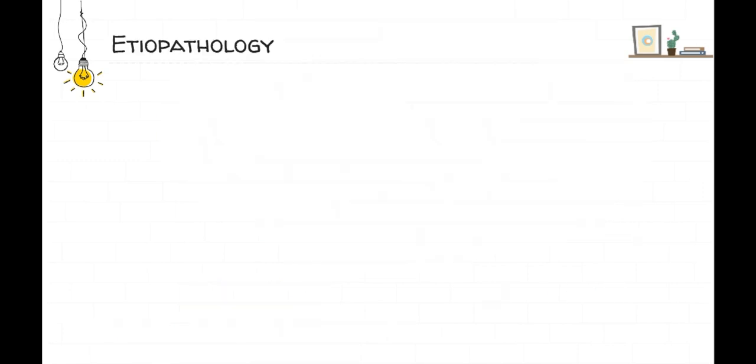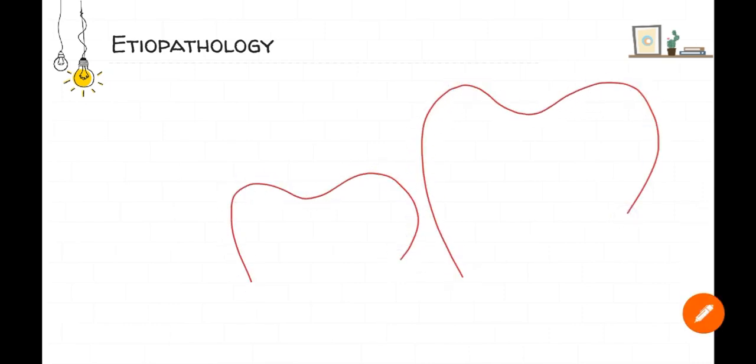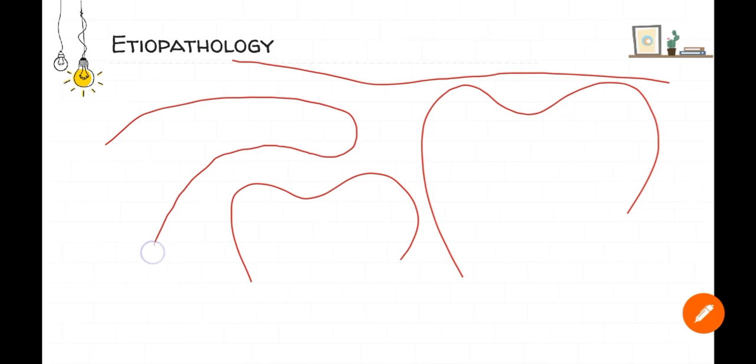So let's move on to etiology. Etiology is very easy. This is the unerupted tooth, this is the other tooth, this is the occlusal line, this is the overlying periodontal flap or operculum.